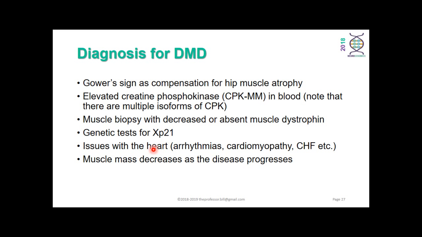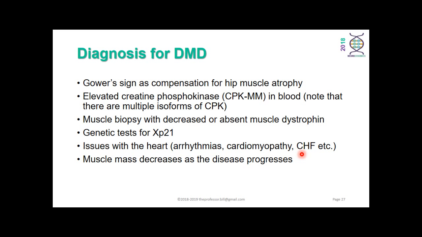This is not only for skeletal muscle. Dystrophin is also used by other types of muscle tissue, including cardiac muscle tissue. So not only do we have problems with skeletal muscle in Duchenne's muscular dystrophy, but we also have problems with cardiac muscle, and this will often result in arrhythmias and cardiomyopathy. If this goes on long enough, because the heart muscle degenerates, you will have what is known as congestive heart failure.